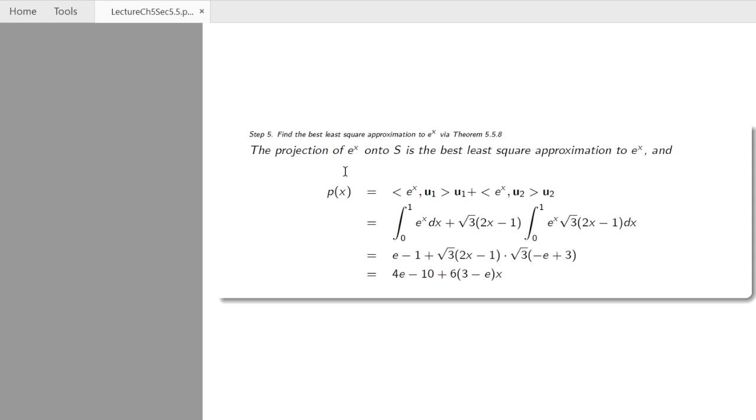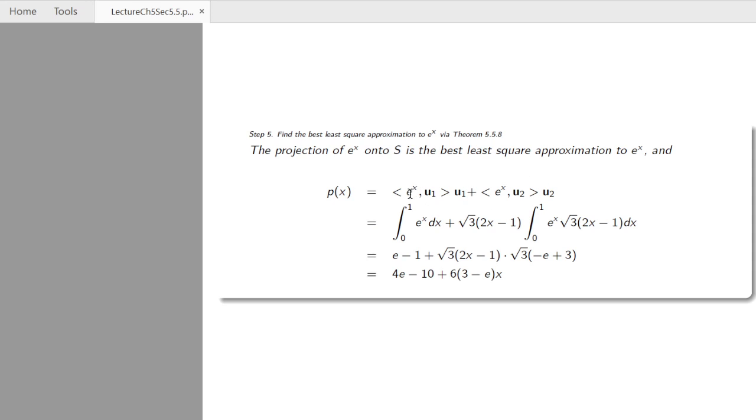So that means we need to find the projection of this vector e to the x onto S. Based on theorem 5.5.8, the function we want to find, we call it Px, is a linear combination of the orthonormal base. So using the orthonormal base here, we can get the result.